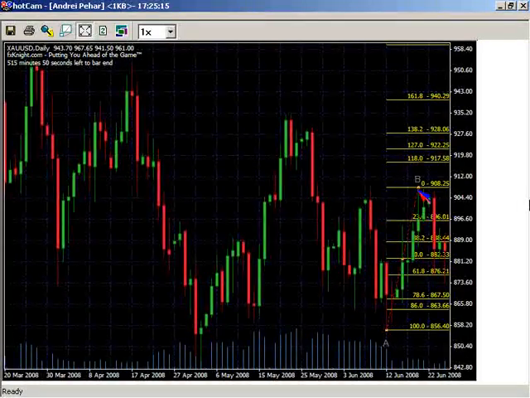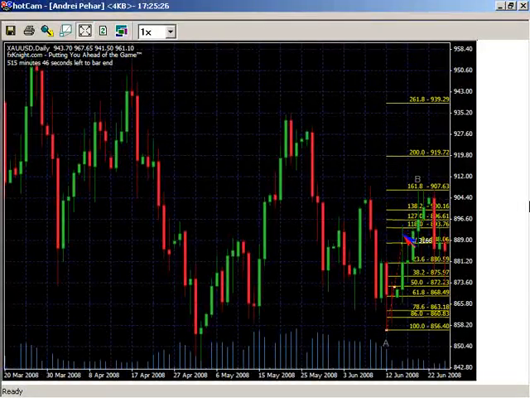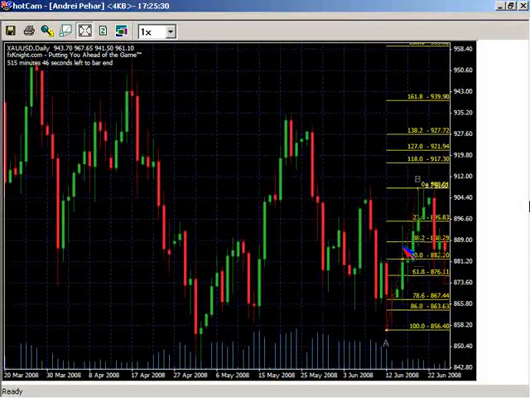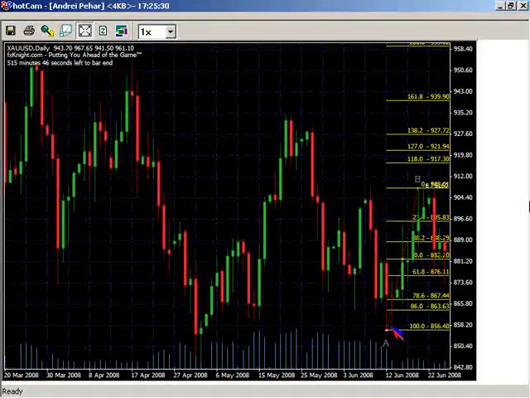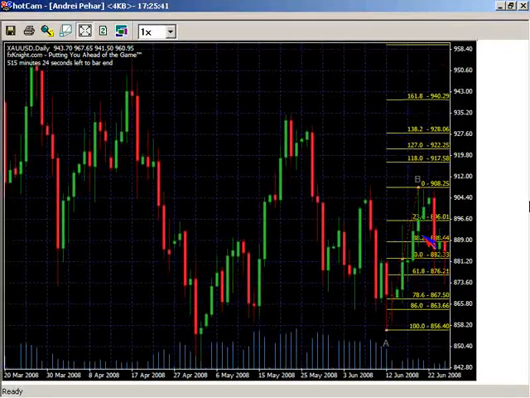Okay? And then you can just grab this white square, and you see that? You can drag your point B anywhere you like, or you can grab point A, and you can try a few different point A's to see if anything fits better. But that's basically what you do. You just move around point A and point B until the in-between levels start snapping very cleanly.